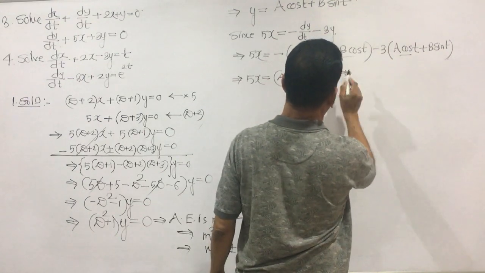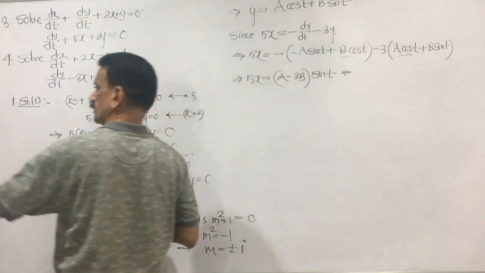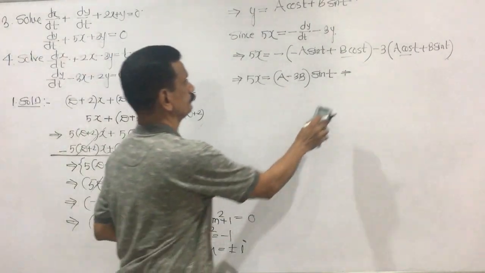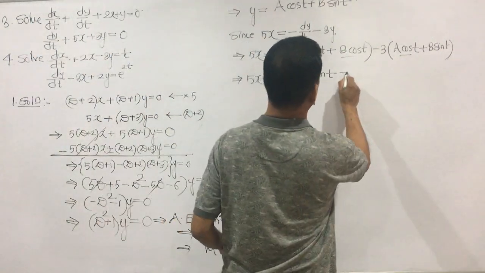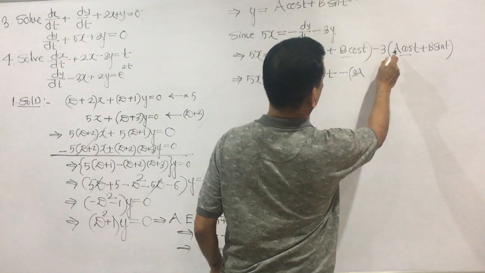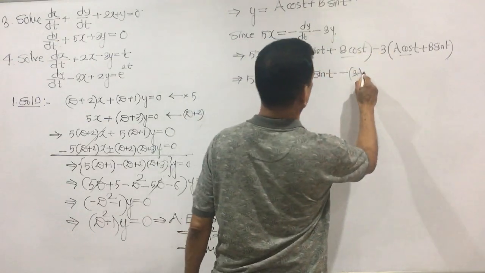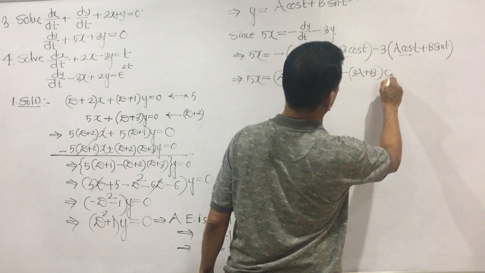So here we have minus, I write as minus 3a plus 3a, and here plus b into cos t.